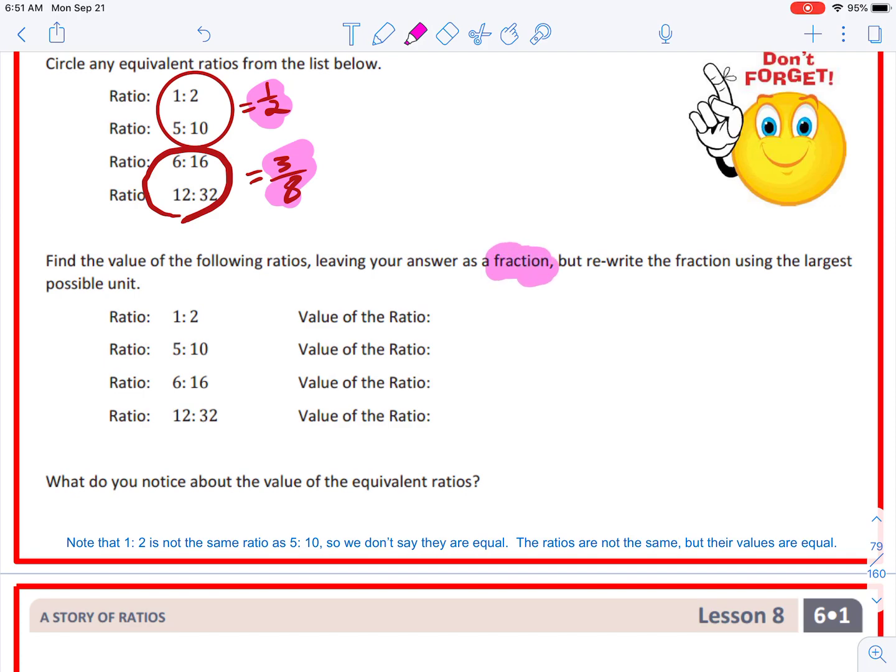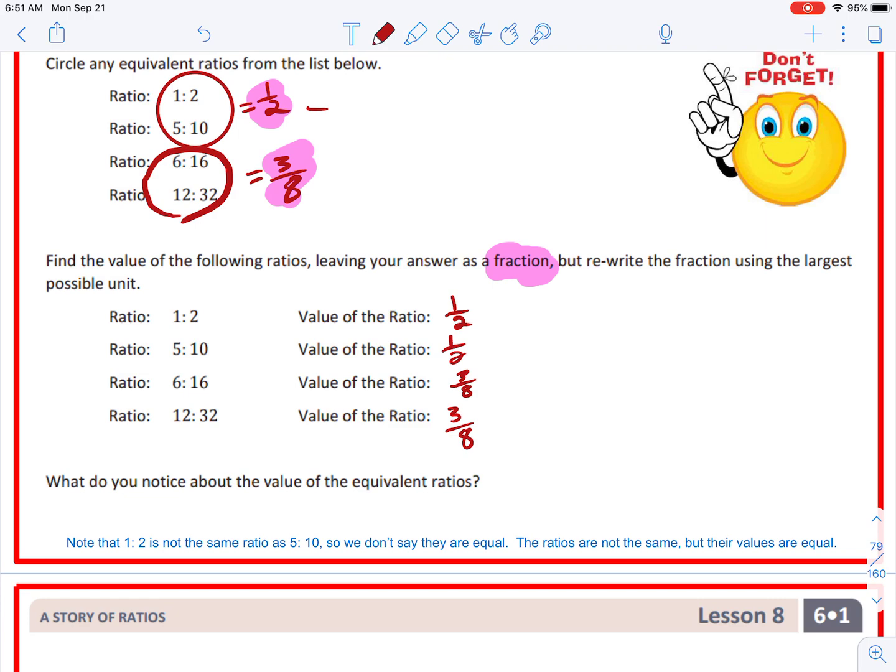So when we write the value, it's going to be as a fraction, but rewrite the fraction using the largest possible unit. So the value of the ratio 1 to 2 is 1/2. The value of the ratio 5 to 10 is 1/2, like we set up here. The value of the ratio 6 to 16 is 3 over 8, and 3 over 8 again for 12 over 32. So at the bottom it says, what do you notice about the value of the equivalent ratios?